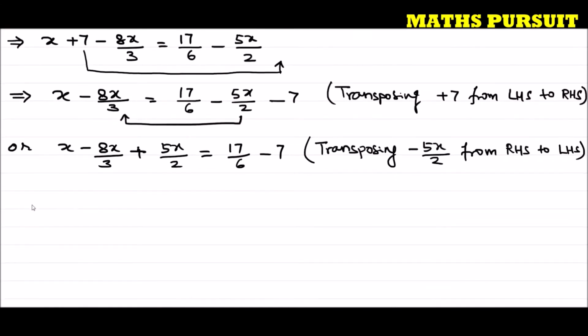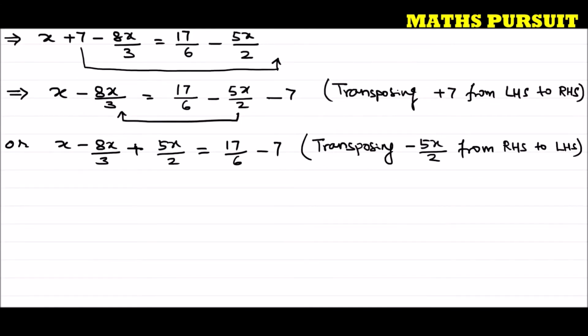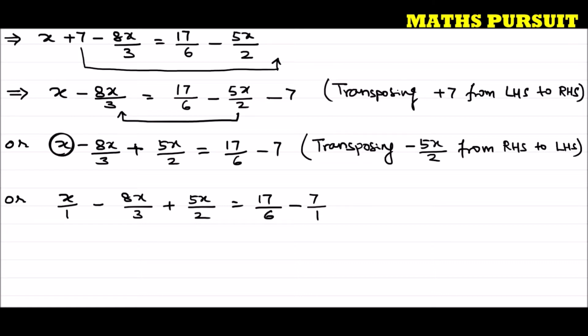We can write this equation as x/1 minus 8x/3 plus 5x/2 is equal to 17/6 minus 7/1. I just rewrote this x as x/1 and the 7 on the right hand side as 7/1, so that it would be easy for us to solve without getting confused.